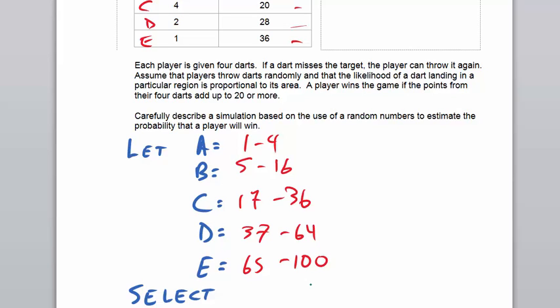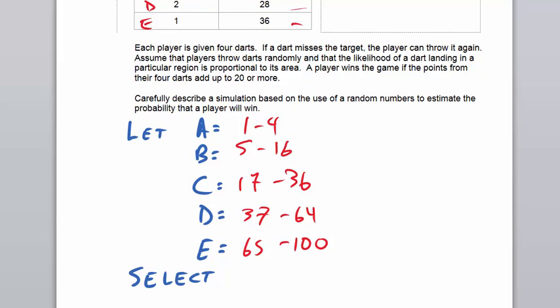And then what I need to do is select, and this time because it's darts hitting a board, it's possible to have multiple darts hit into one region, so that's perfectly fine. So I can select 4 random integers from 1 to 100 with replacement.